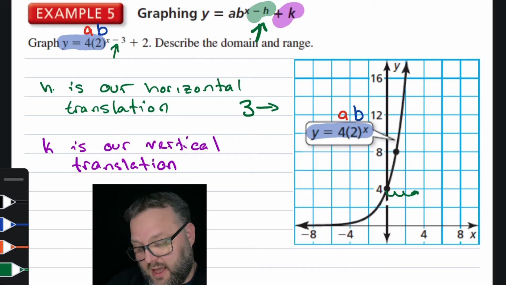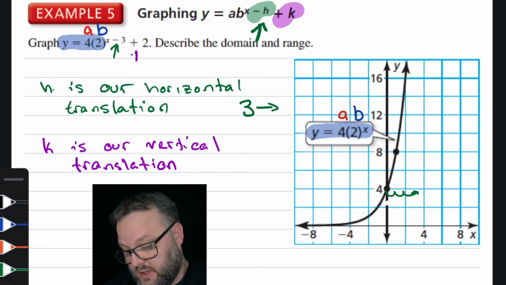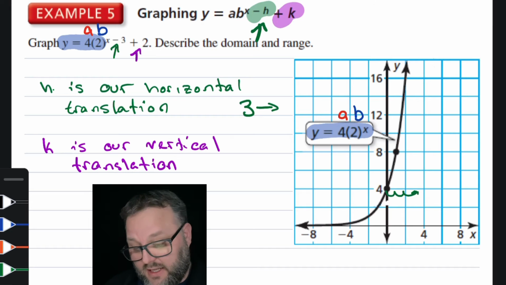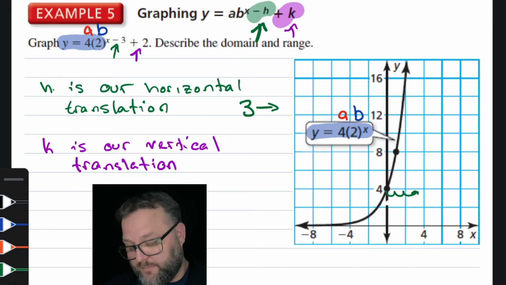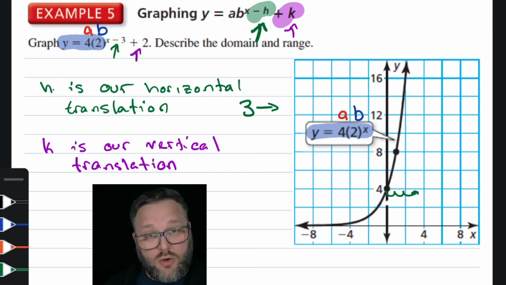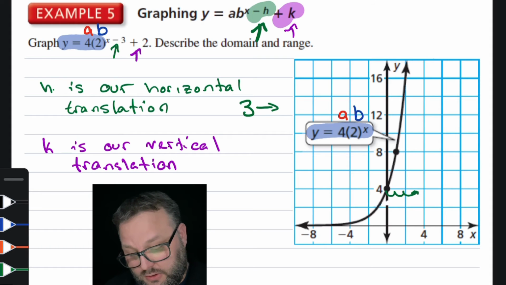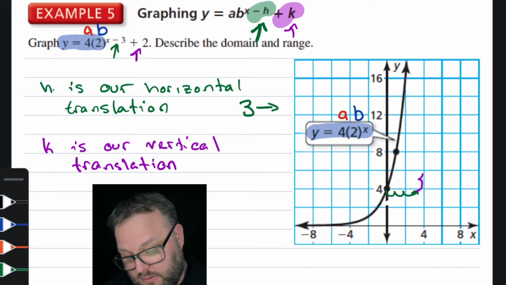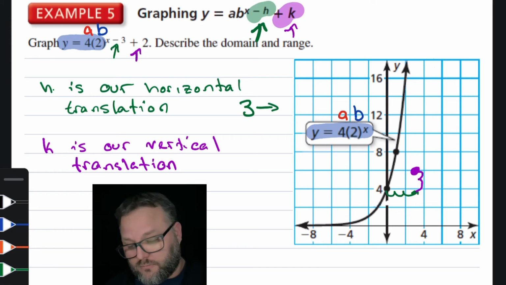Now I look at k because I'm adding k in my baby function here, and the standard says I'm supposed to be adding k. That means k is positive. So I need to go up because it's a vertical translation, and I need to go up by 2. So I'm just going to go 1, 2. So right here is the new coordinate for my translated function.